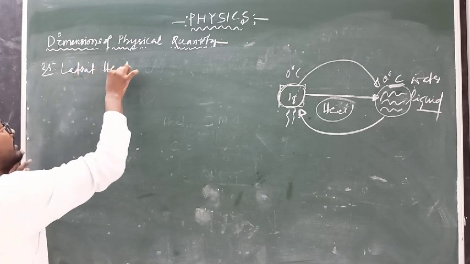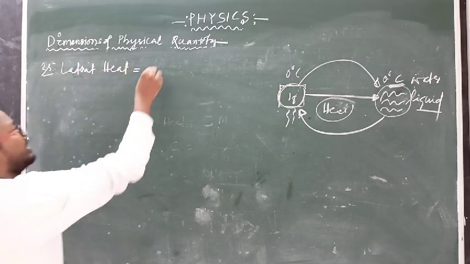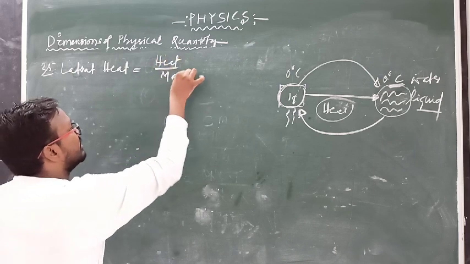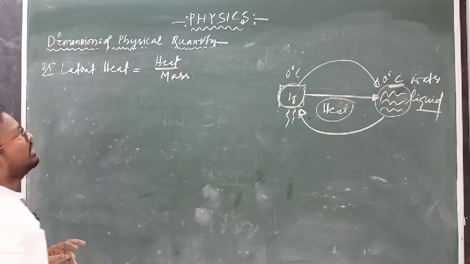And this latent heat, its formula is heat divided by mass. Clear?